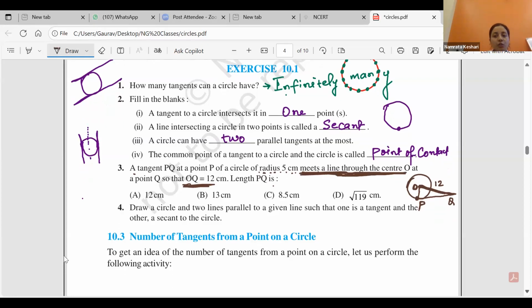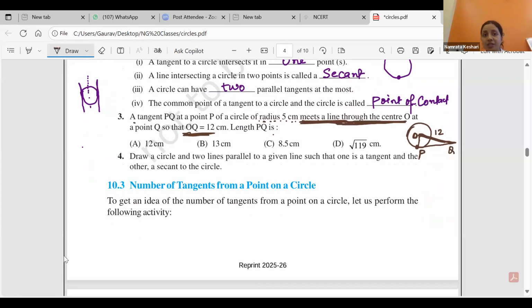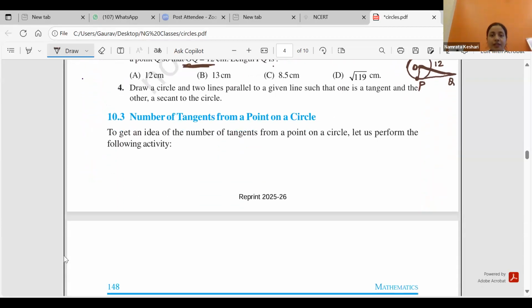The moment we are done with drawing the figure, last day we discussed a theorem: if we have a tangent at any point of a circle, the radius which passes through the point of contact is perpendicular to the tangent.